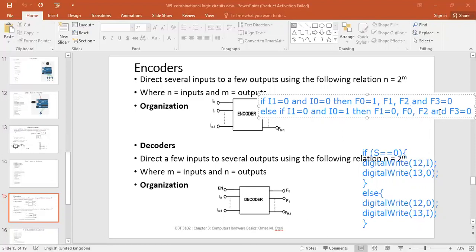F0, F2, F3 will be 0. Then you do an else if again. This is a bit complex, but not so much if you understand what you are doing, that you are changing from binary to decimal. Else if I1 is equal to 1, I0 is equal to 0.